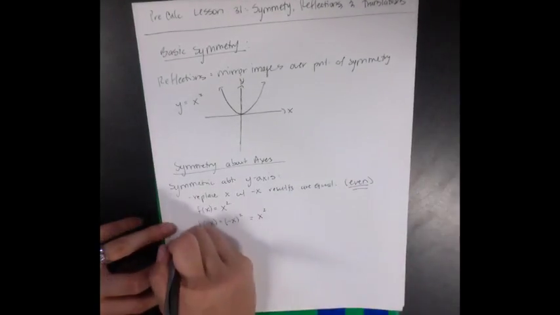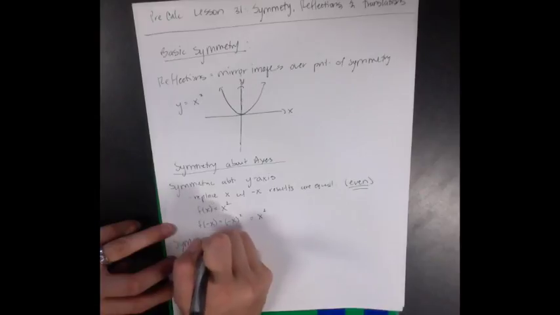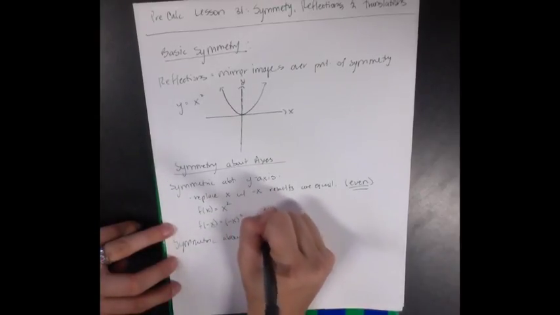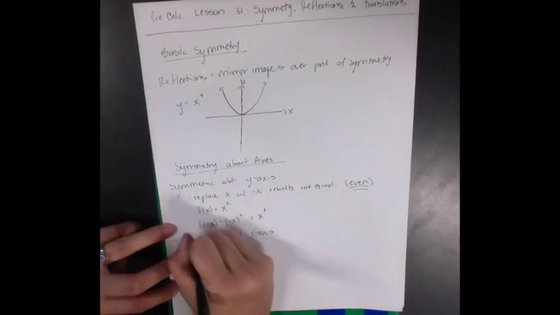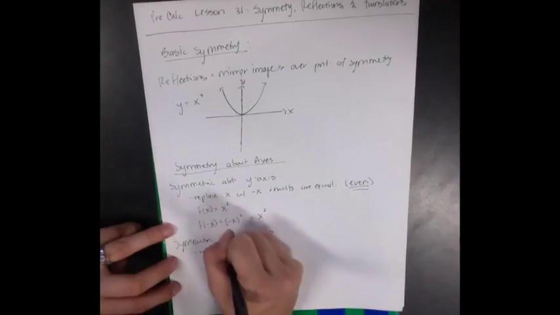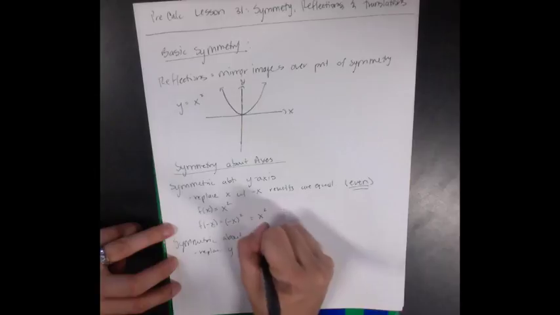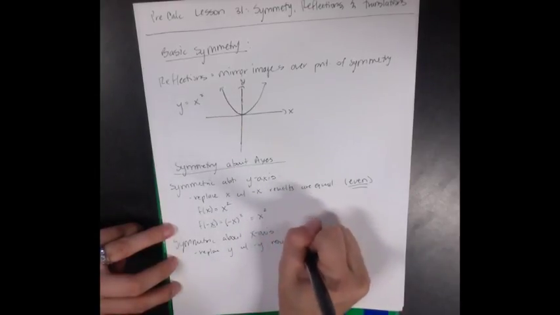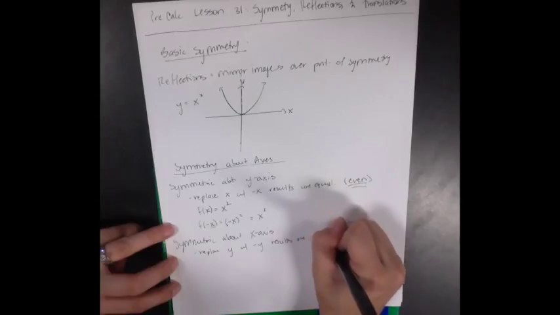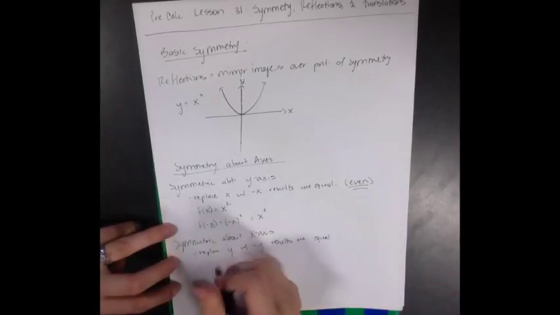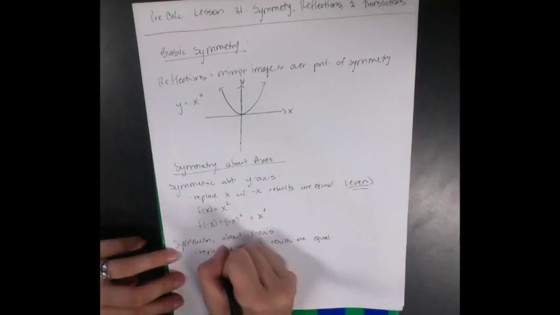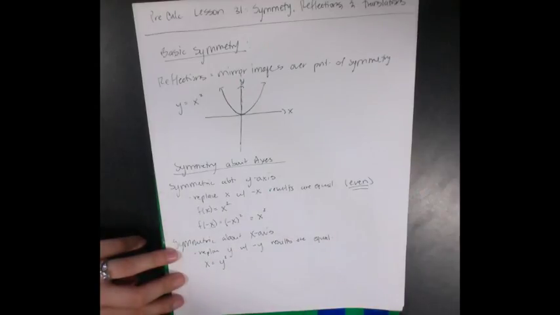Now, symmetric about our x-axis is when we can replace y with negative y, and the results are equal. Say we said x equals y squared.